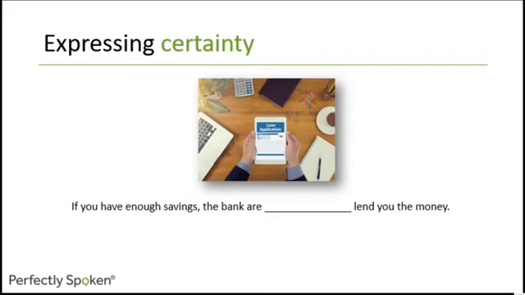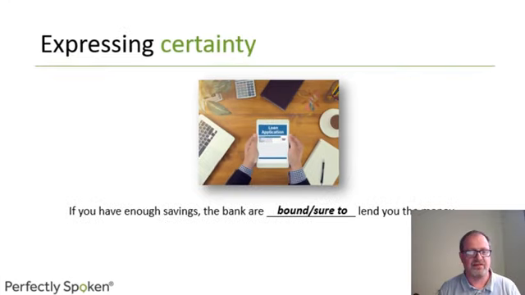Okay, so we have certainty here. We think it's certain that the bank will give you this money. So we could use are bound or are sure to lend you the money. Yes, the bank are bound to or sure to lend you the money.